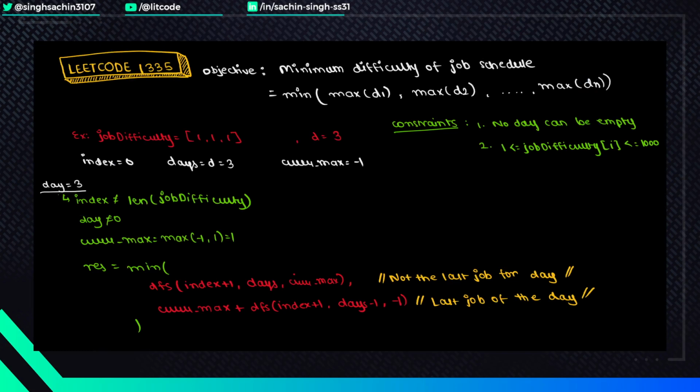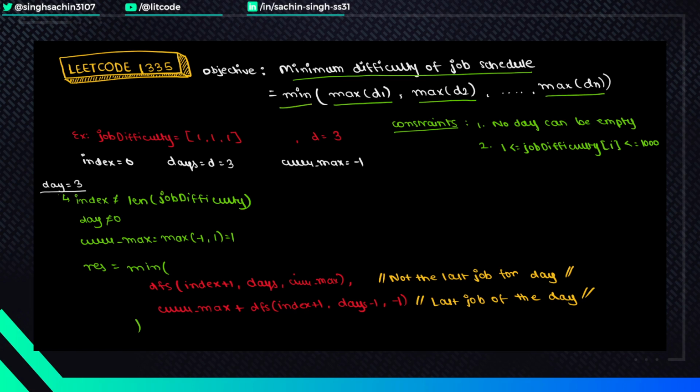So first, talking about the approach, the objective is to find the minimum difficulty of a job schedule. So what is the difficulty? The difficulty of each day was the maximum of the difficulty of all jobs performed on that particular day. So the maximum of d1, comma, the maximum of d2, and we want to minimize this, right?